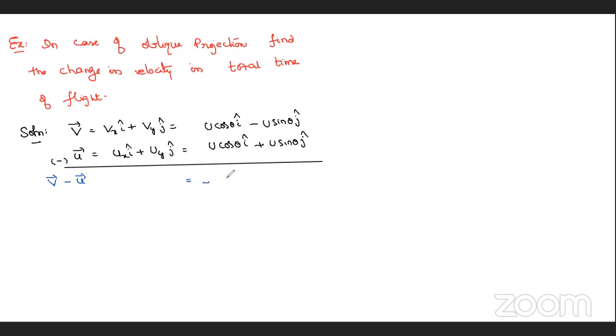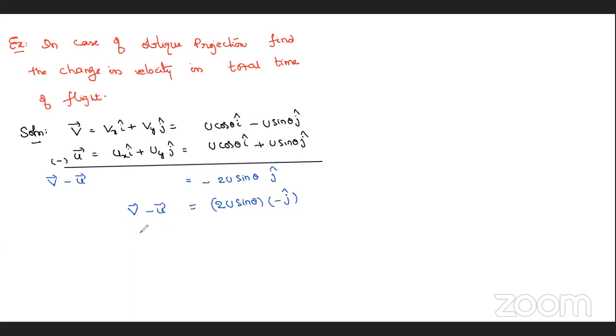Minus u sin theta minus u sin theta is minus 2u sin theta j cap. That is nothing but 2u sin theta is the magnitude into minus j cap is the direction. So this is v bar minus u bar.